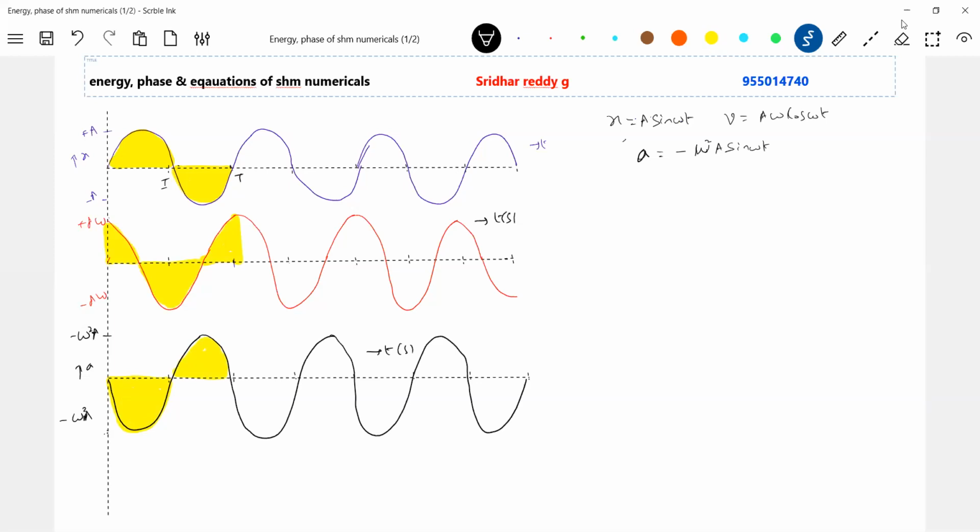This is T, T by 2, T by 4, 3T by 4, 3T, 3T by 2. This will be 2T. That's the same thing.